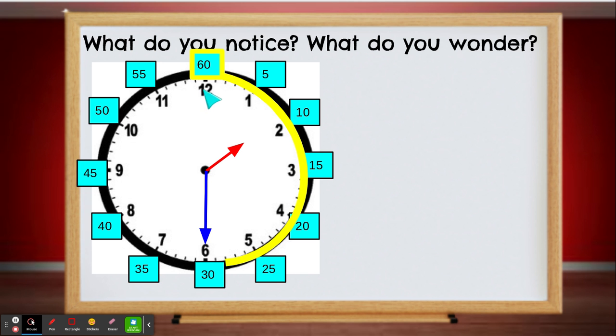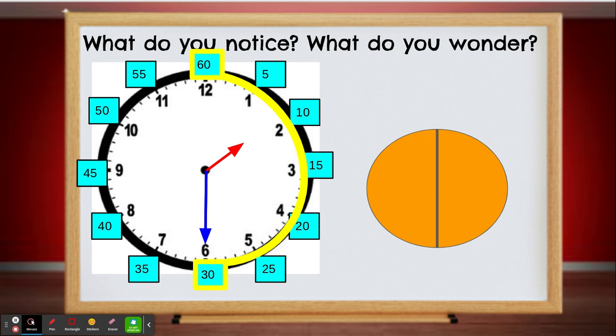So my minute hand went from the top all the way to the bottom, which made me start thinking of my circle again. And the reason it made me start thinking about the circle, boys and girls, is because when we did shapes and we cut our shape in half into 2 equal parts like this, it put a picture in my head of this clock.